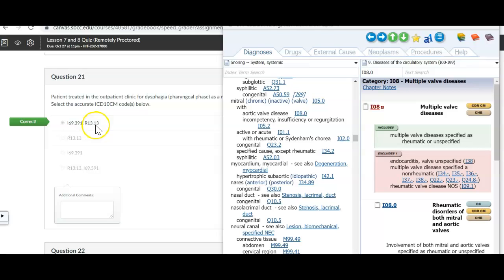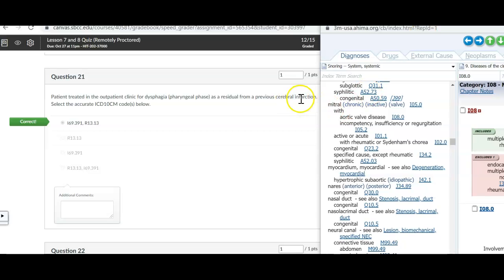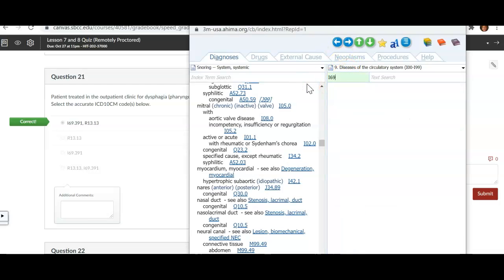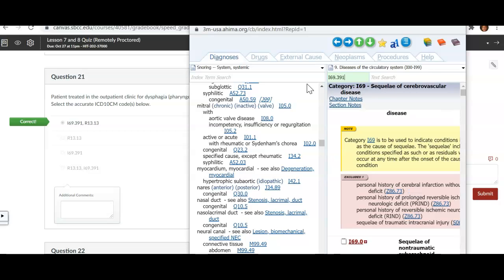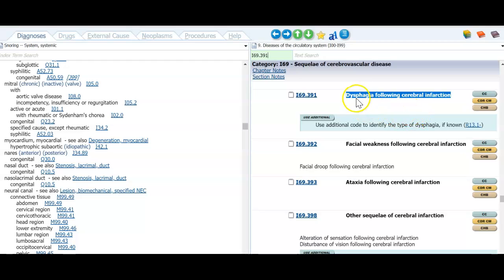Okay, this one here, if you go to sequela, remember we're looking for sequela of cerebral infarction. Once you get that I69 code, this is why it's really important to go to the tabular. So we have our dysphagia. Let's look right here, use additional code to identify the type of dysphagia.